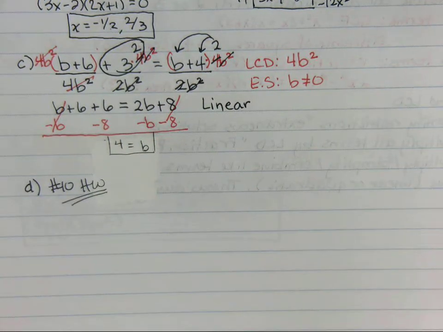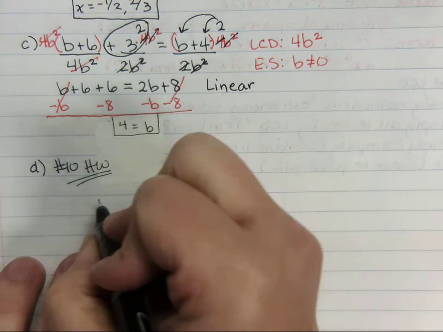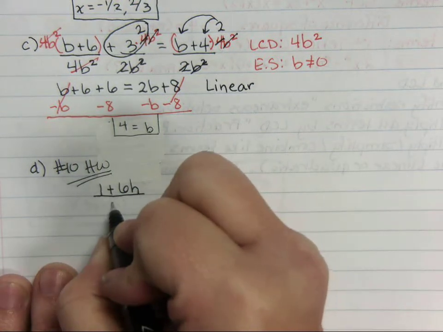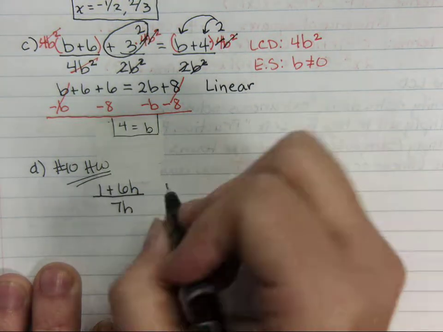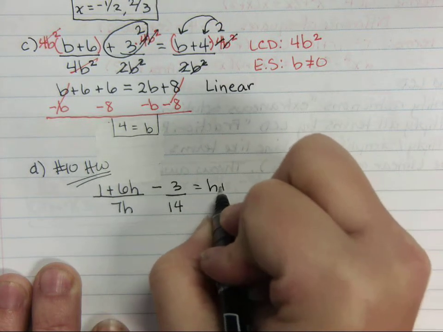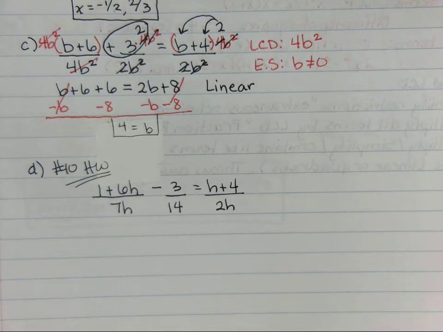All right, so we're going to do number 10 from your homework so you can see exactly what you have to do. So you've got (1 plus 6h) over 7h minus 3/14 equals (h plus 4) over 2h.